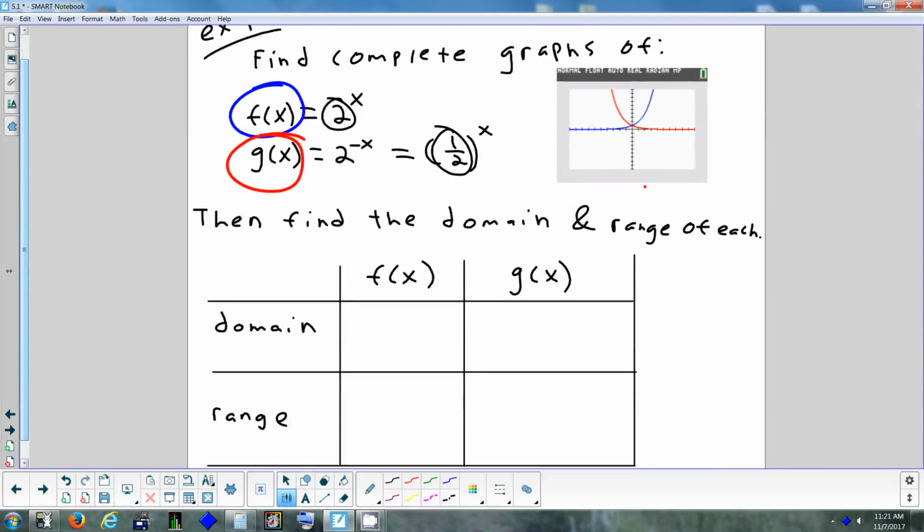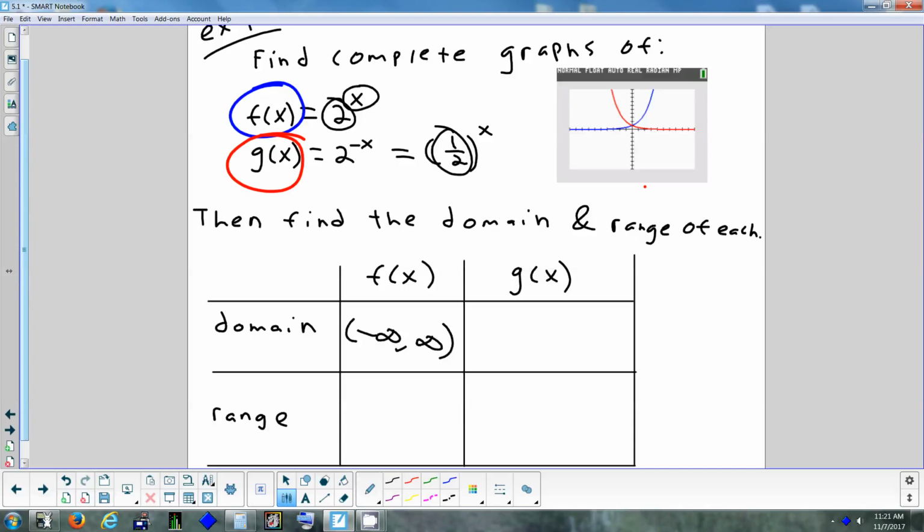It's going to go right forever. Why? Well, look at what the equation is. It's 2 to a power. Is there any number you can't raise the number 2 to? No. You can take 2 to any number you want. So there's your domain.